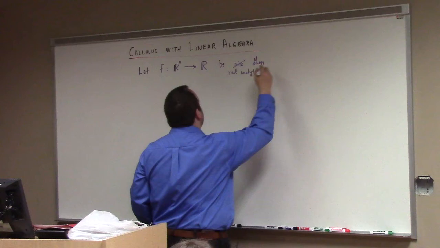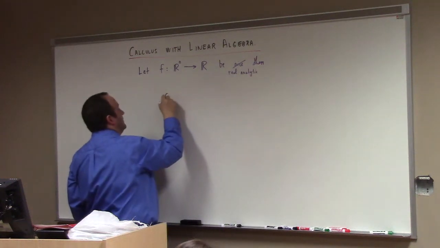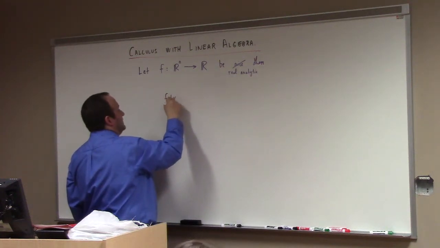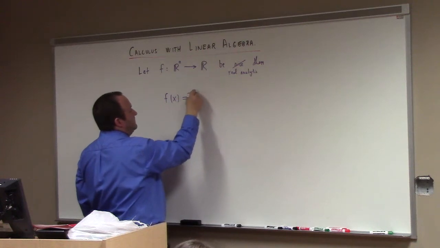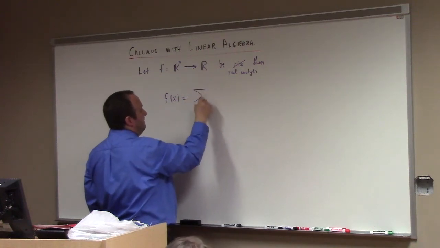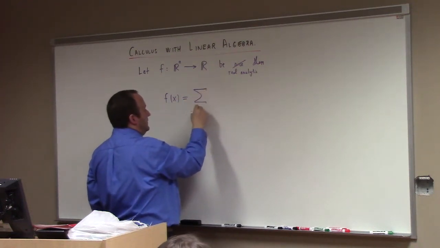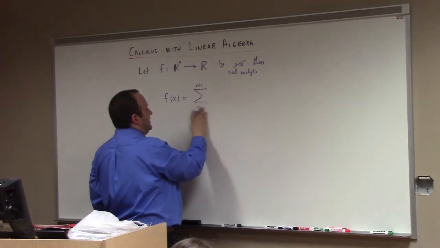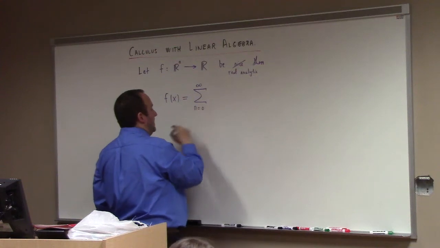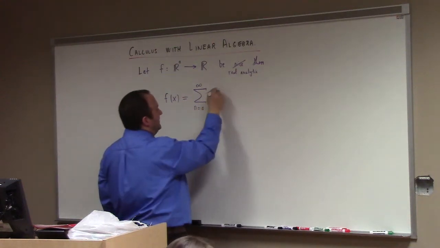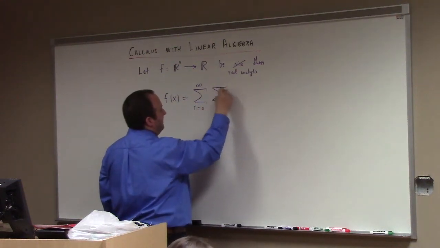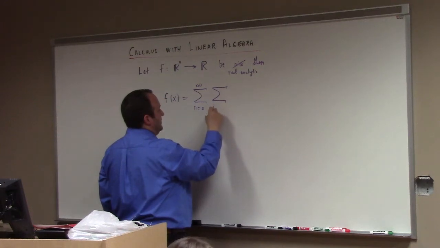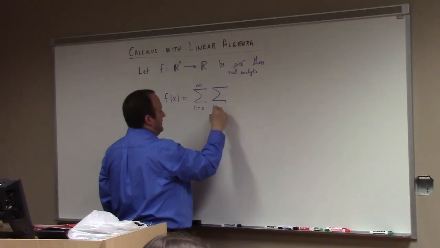We can expand f of x equal to, well, the sum i equals 0 to infinity, of the sum i sub 1 comma, comma i sub n.